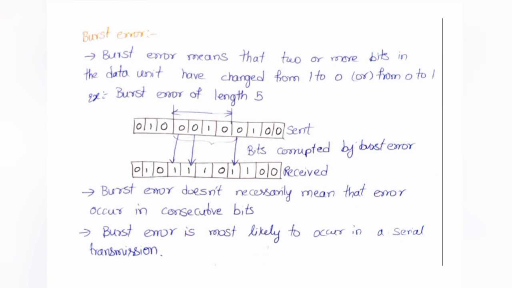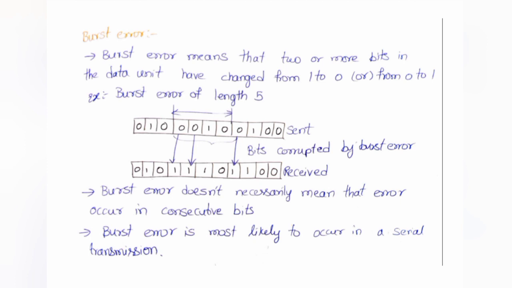If you observe here, not all 5 bits are changed, but within the length of 5 the bits are changed. Here 0 is converted into 1 and 0 is modified into 1, and the remaining bits are the same. The burst error doesn't necessarily mean that errors occur in consecutive bits.